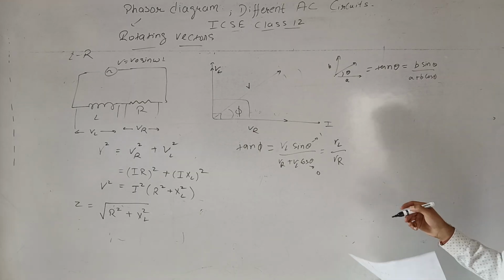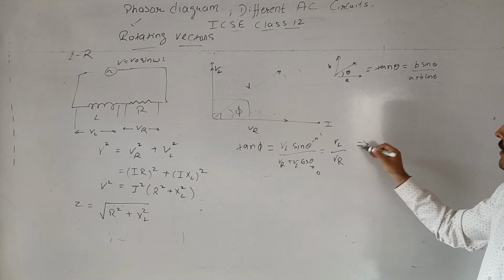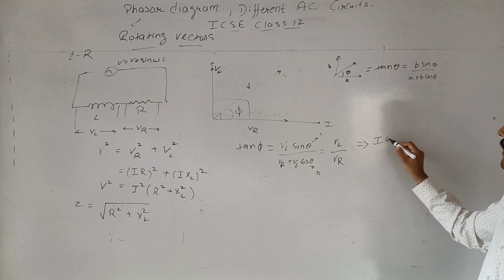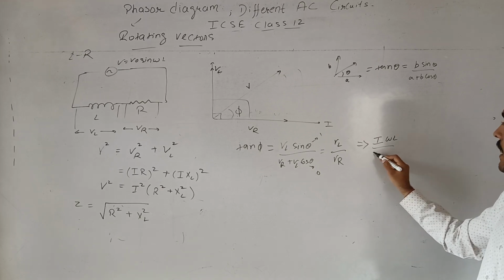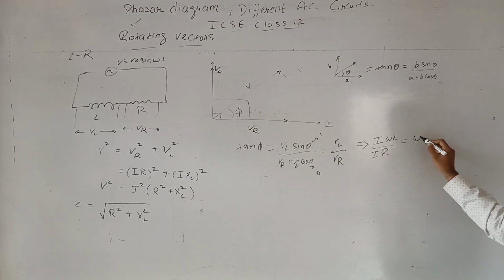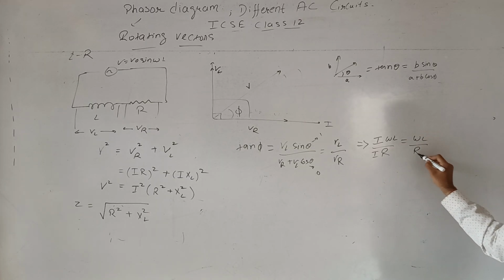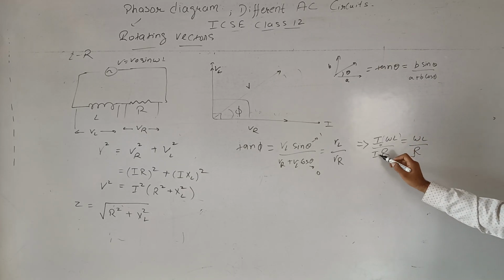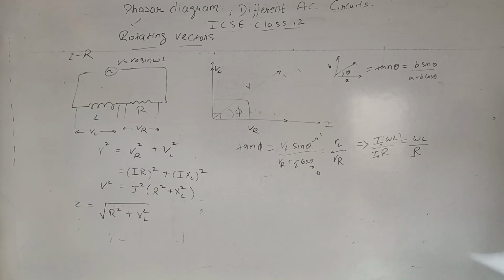And what is VL? VL is equal to I into omega L, and VR is I into R. So this can be written as omega L upon R, because VL is I naught into omega L and VR is I naught into R, so I naught cancels.